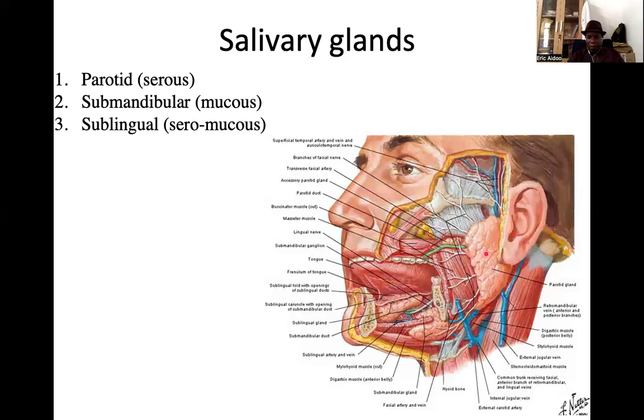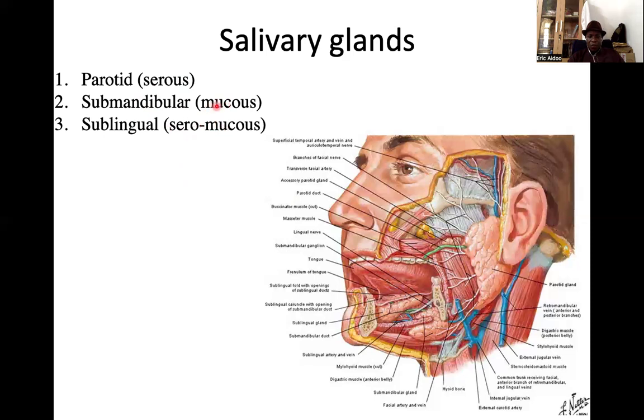One of them we will tackle first, the largest, which is the parotid gland. Okay, it's located here. You also have the submandibular, that's below the mandible, and you have the sublingual below the tongue. The parotid gland secretes purely serous secretions. The submandibular is mucous, and the sublingual is seromucous.